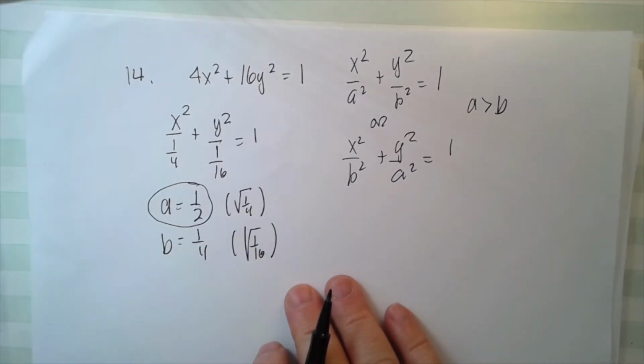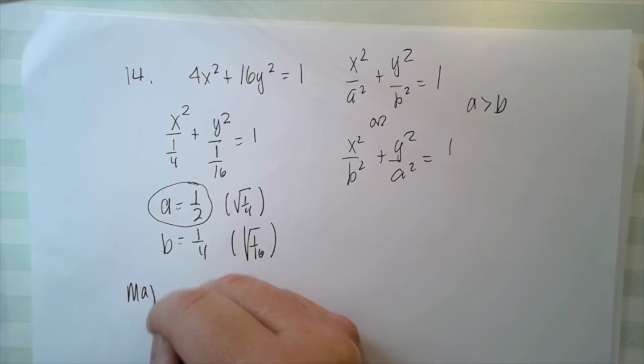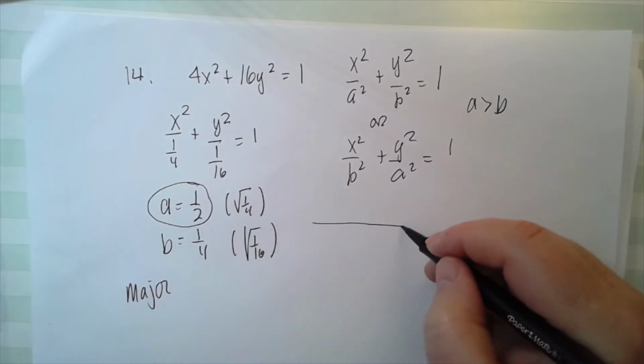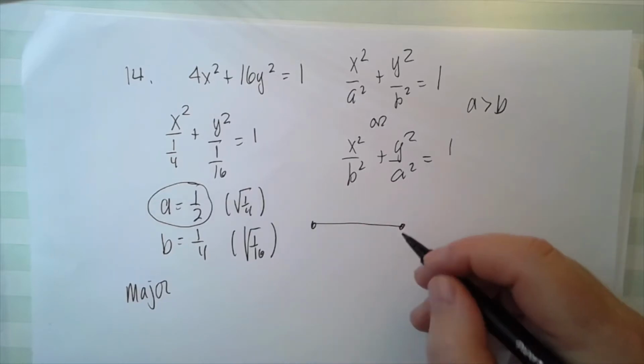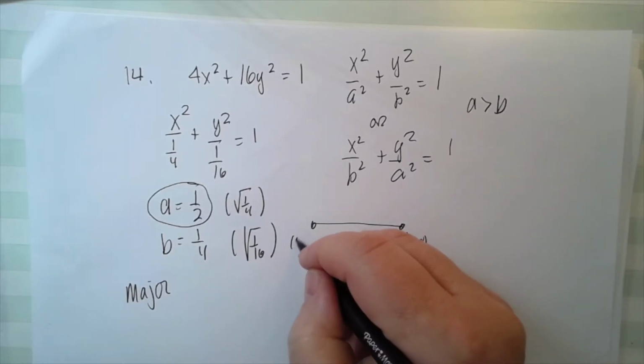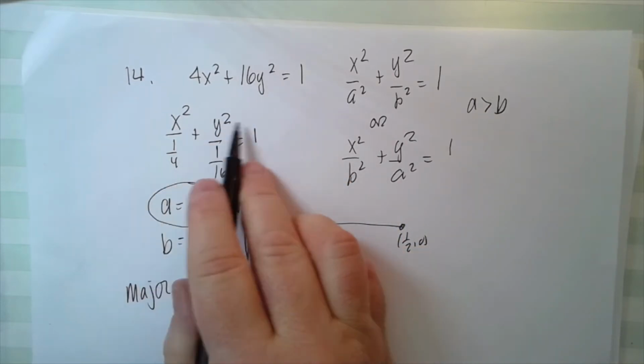So if I want to find the major and minor axis endpoints, the major axis endpoints then are, well, a is under the x, because that's longer, so that would be 1/2, 0, and minus 1/2, 0, because again our center's at 0, 0.